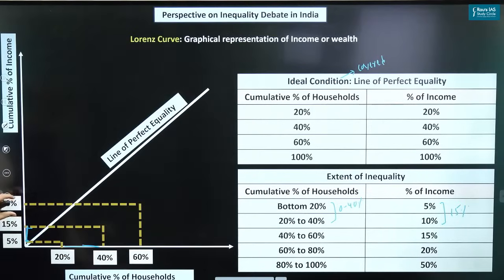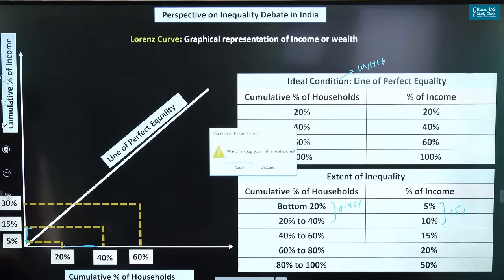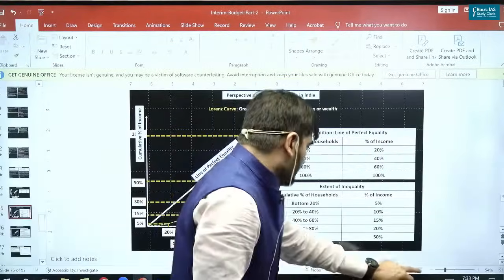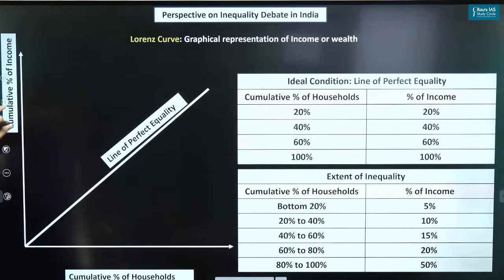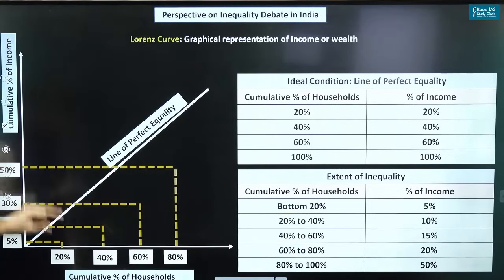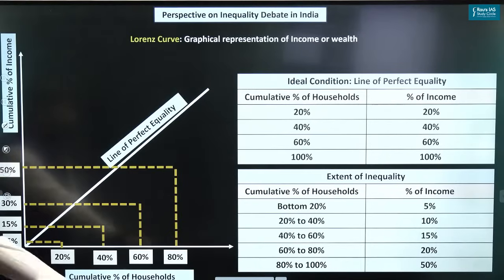How 15%? 30 minus 15, that will be equal to 15%. 60 to 80, if you see, it will be equal to 50%.